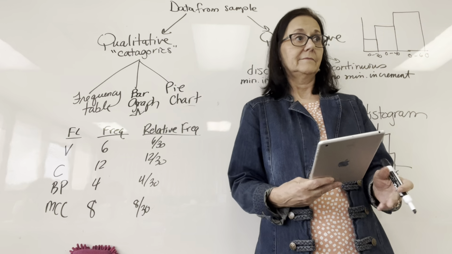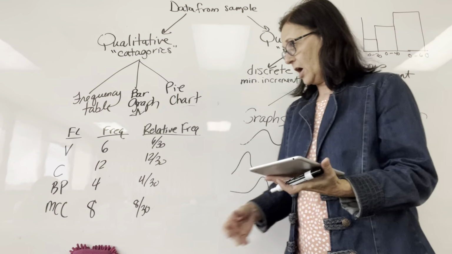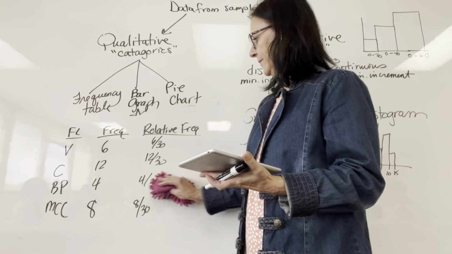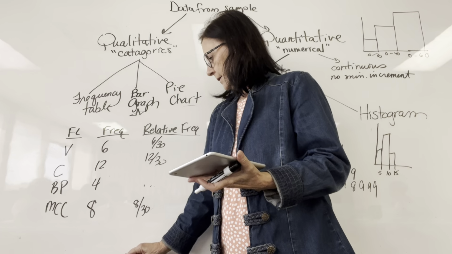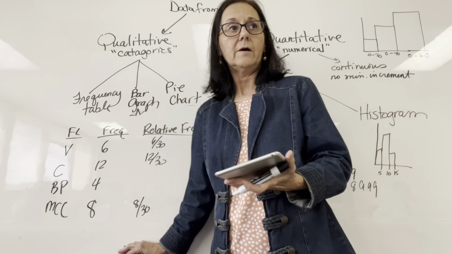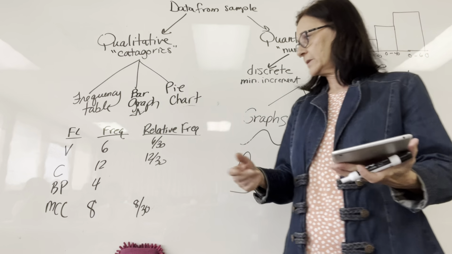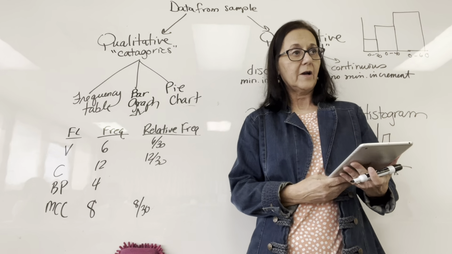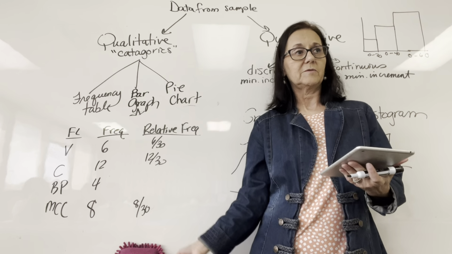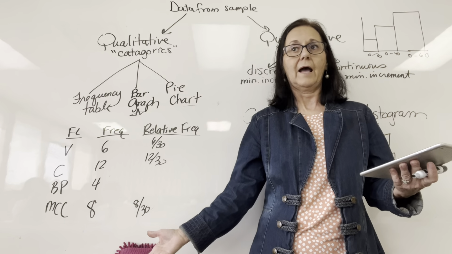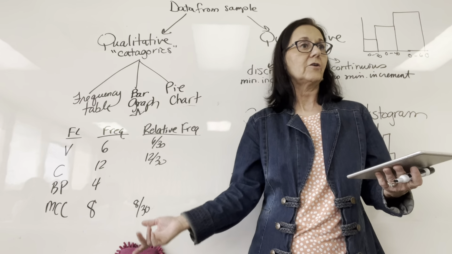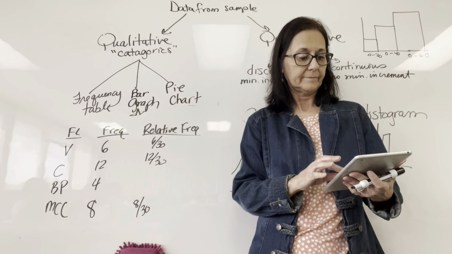Got it? So if on a test I said, and I've seen this on the ACT as well, what is the relative frequency for butter pecan? Well, you could take all the other ones and subtract it from 1, or add the numerators and take 30 minus that.